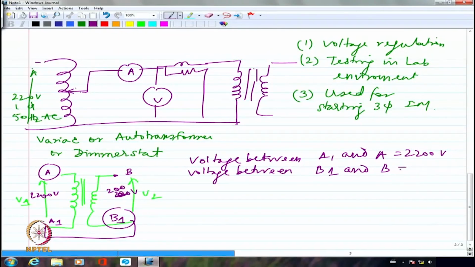and along with A1 I am going to connect B1 and B. So maybe I am applying the voltage here as 200 volts, and if I look at the voltage here, this will be 2400 volts together.